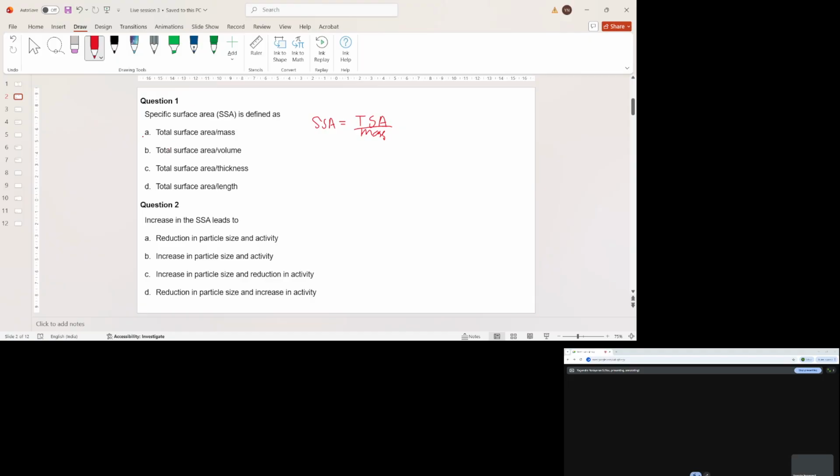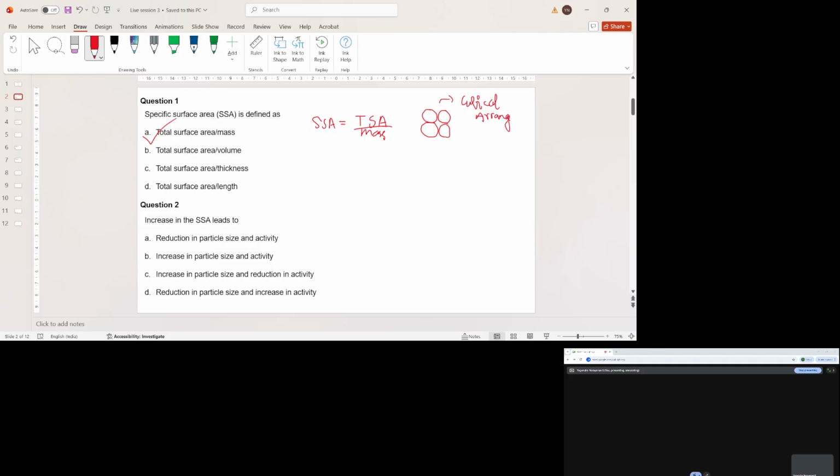Now, how to calculate it? Specific surface area is defined as total surface area by mass. Let me give you a simple condition of a cubical arrangement.